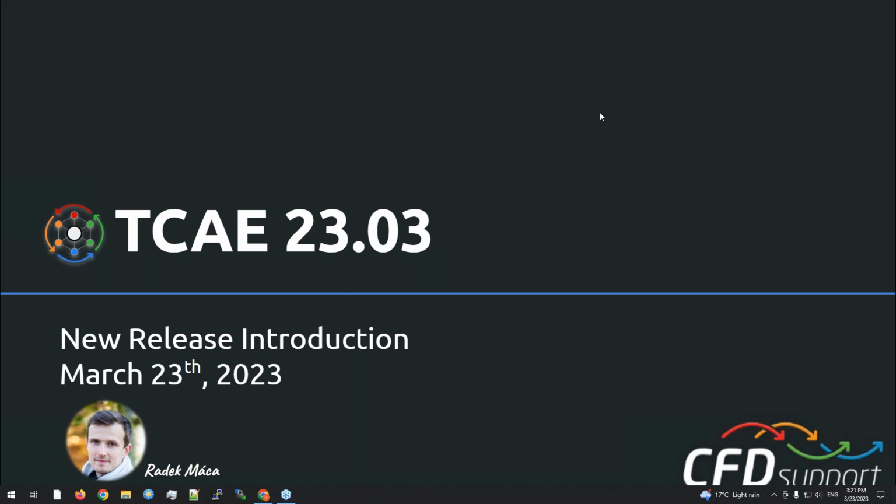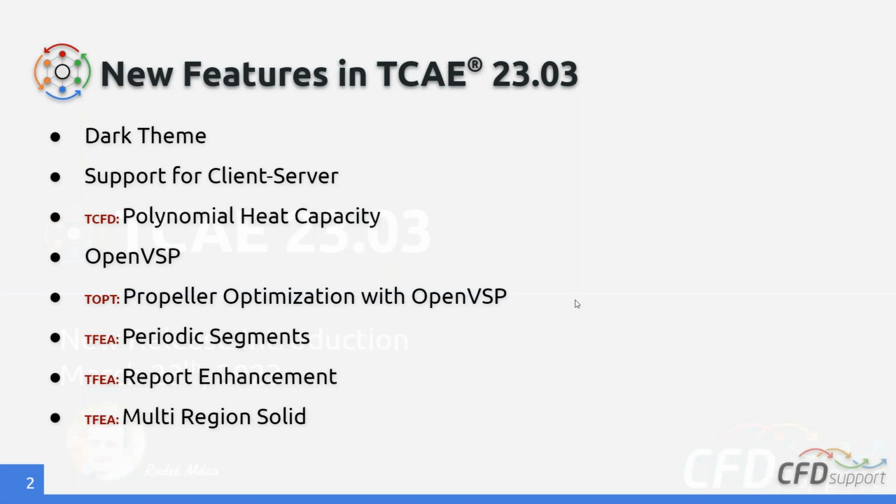So I picked some of them to present, which are clearly seen in the GUI and in the applicability for the cases. As Luboš already presented, here are the new features I would like to talk about.